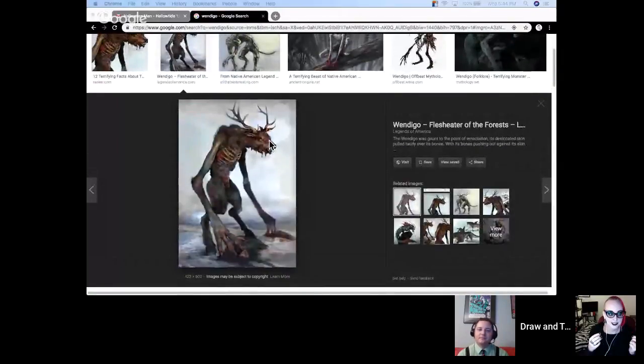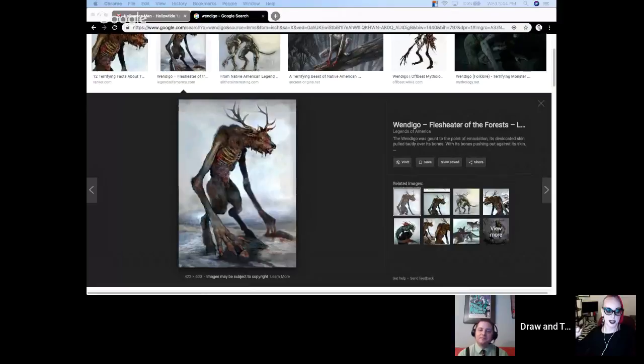Okay. So the Wendigo is this, I'm probably gonna screw it up, this antlered creature that preys upon people to take in their life essence. I could be completely wrong. You're doing a great job describing it. Yeah, that's it.